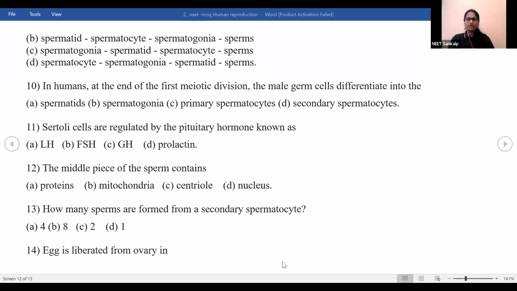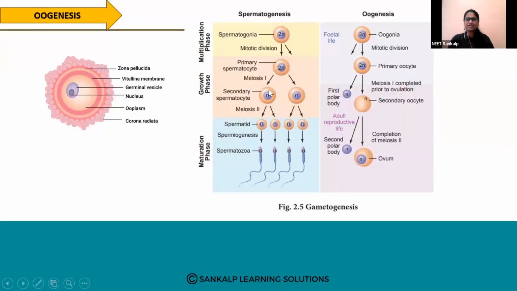In this diagram, you can see the secondary spermatocyte will undergo meiotic division and form spermatids. So these 2 spermatids are formed, and these 2 spermatids develop into sperms.